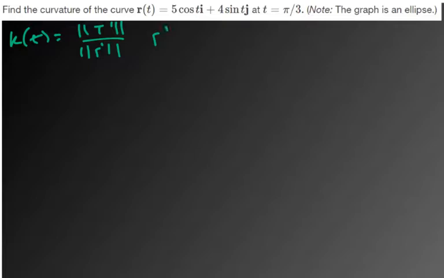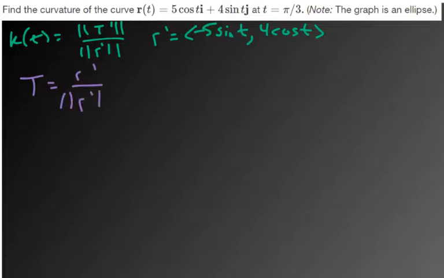So r prime is minus 5 sine t for the first component and 4 cos t for the second. And if you think about the definition of the unit tangent vector, the unit tangent vector is r prime over the magnitude of r prime.